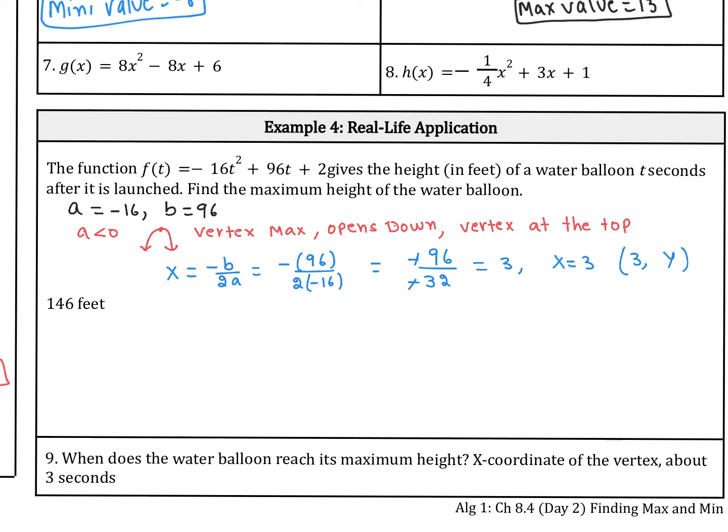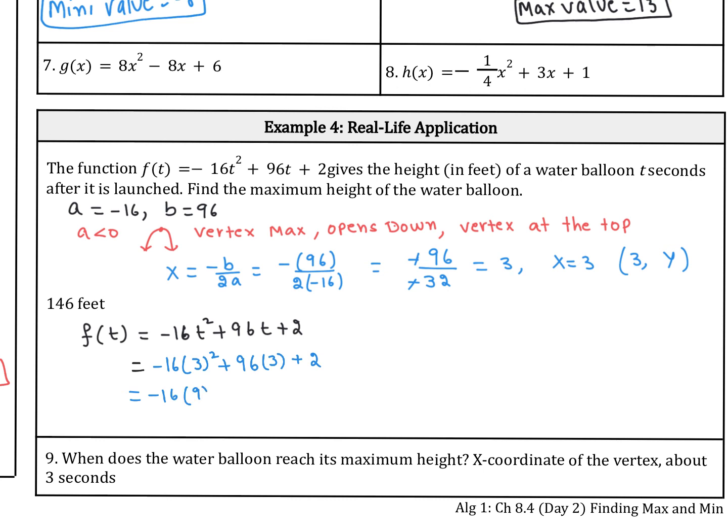To find the y value, you're going to use the given function, and in the given function you're going to use the t value as 3. Instead of x, we can use this t. You got here negative 16 times 3 to the power 2 plus 96 times 3 plus 2.